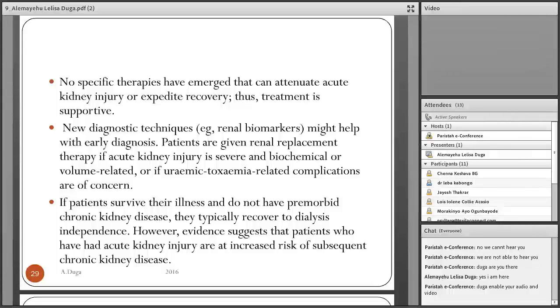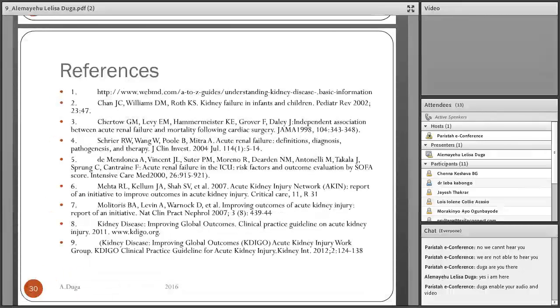If the patient survives the illness and does not have pre-morbid chronic disease, they typically recover to dialysis independency. So the treatment option will be taking care of the patient up to dialysis to correct the electrolytes.